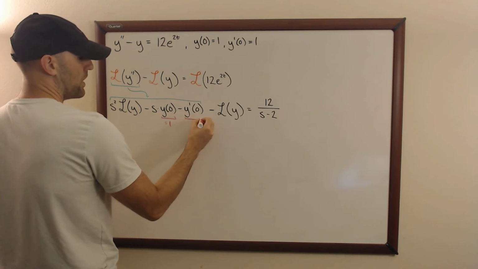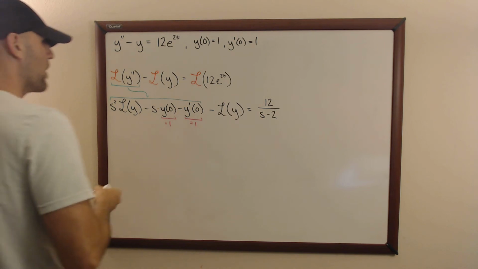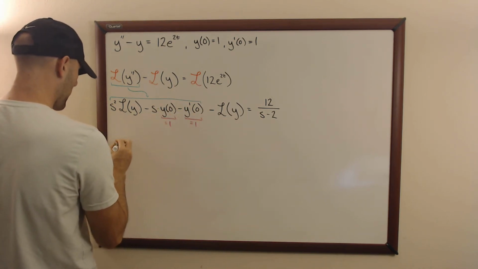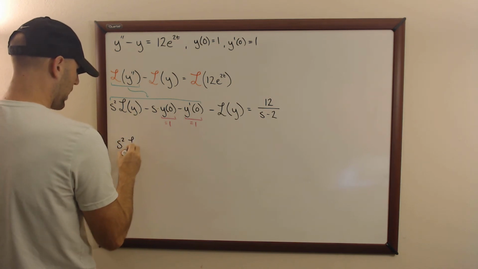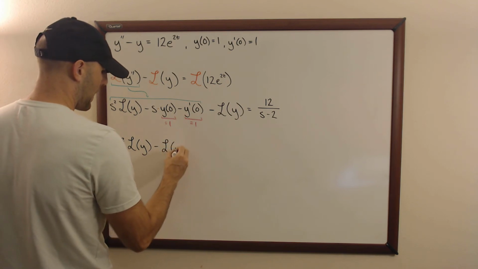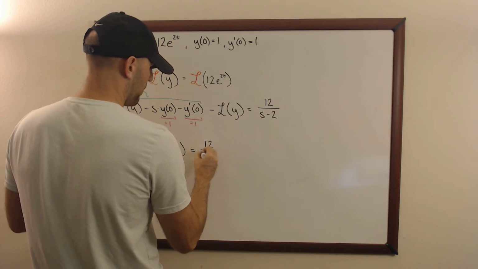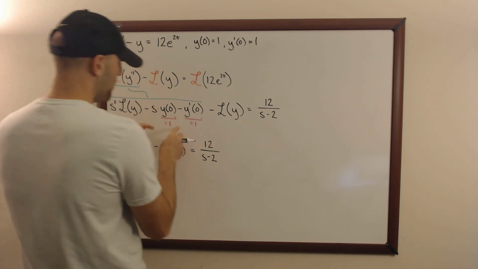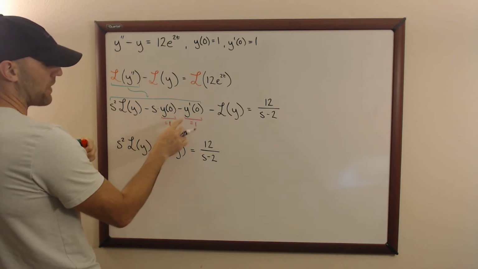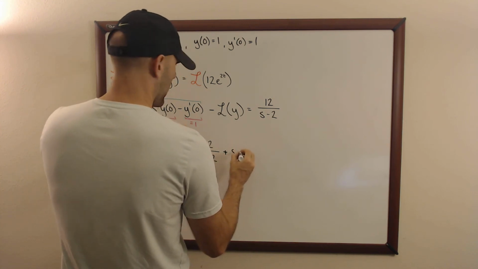And I do know that this also equals 1. Okay. So let me go ahead and rewrite these. I'll keep the s squared Laplace transform y and Laplace transform y. So I've got s squared times Laplace transform y minus Laplace transform y. Okay. On the right-hand side, I'm going to have 12 over s minus 2. And then, of course, I'll move these two terms. This is negative s times 1, or just negative s. This is negative 1. So that'll be a positive s and a positive 1.